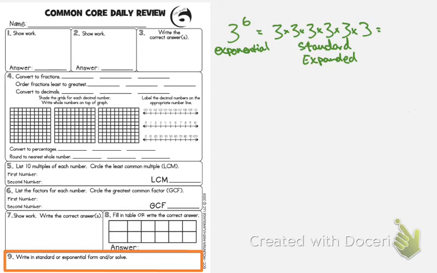You obviously could grab a piece of paper and start multiplying these numbers together. 3 times 3 is 9, times 3 is 27, times 3 is 81, etc. And you could continue until you had multiplied 3 by itself 6 different times.